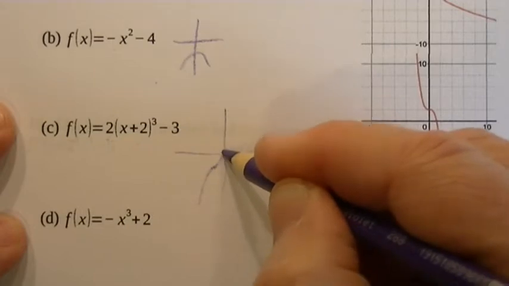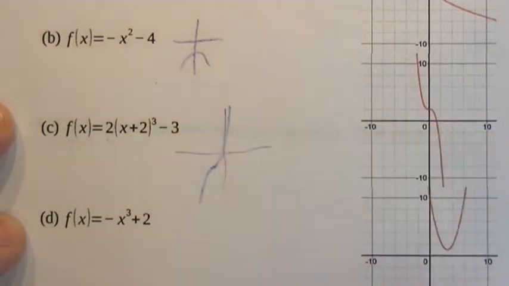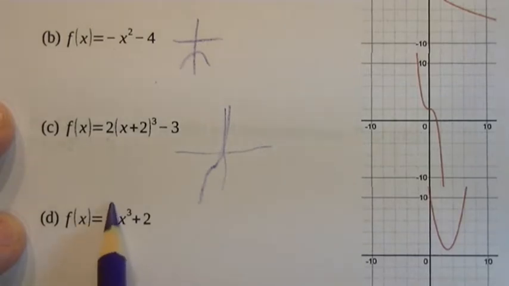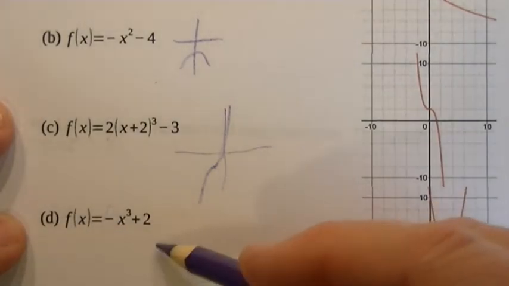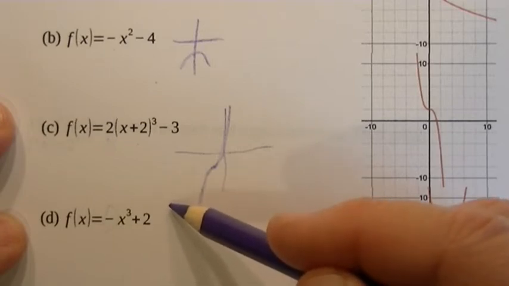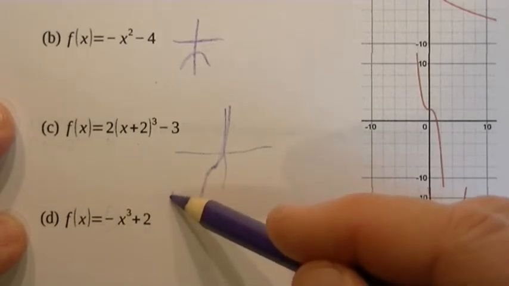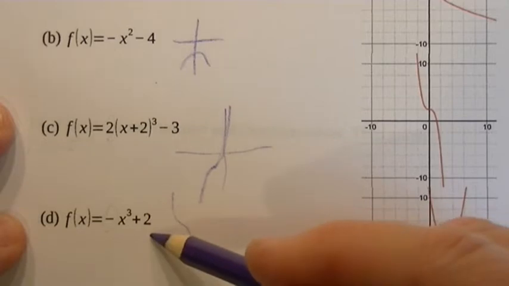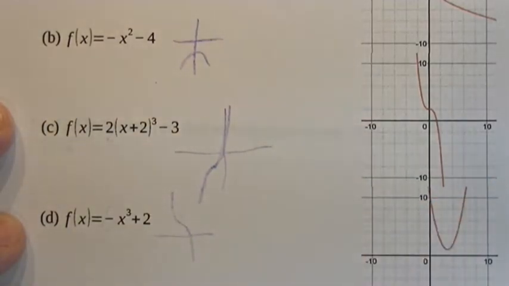So this thing's going to look something like this, right? Where the inflection point is down here. This one's got a negative, so instead of starting low and going high, essentially it's going to start high and go low, and it's shifted up 1. So you'd expect the x-axis along here somewhere. Okay, so just give yourself an idea.